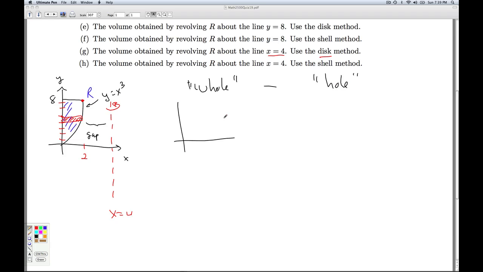So we extend all the way out to the axis of revolution, and we're going from y equals 0 to y equals 8, minus the gap. That's the whole part.